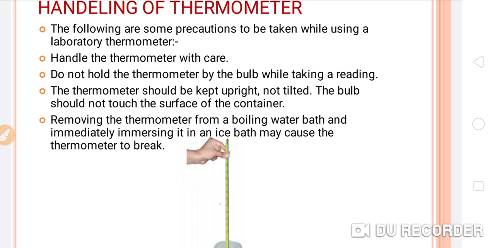Third, the thermometer should be kept upright, not tilted. The bulb should not touch the surface of the container. The fourth precaution is that removing the thermometer from a boiling water bath and immediately immersing it in an ice bath may cause the thermometer to break. These are very important precautions which we must take while handling a laboratory thermometer inside the lab.